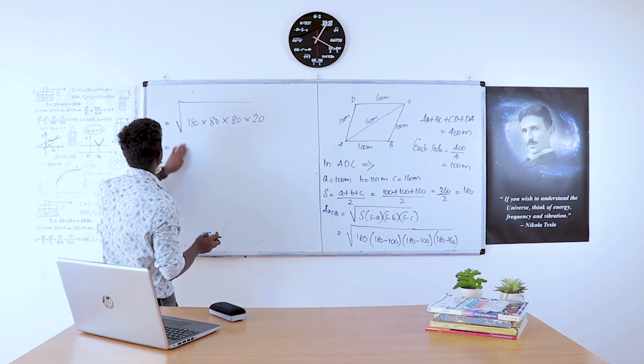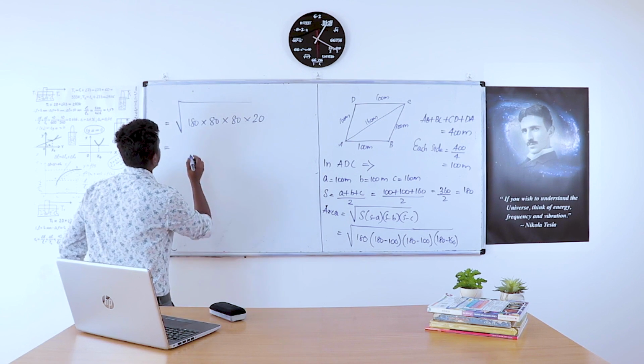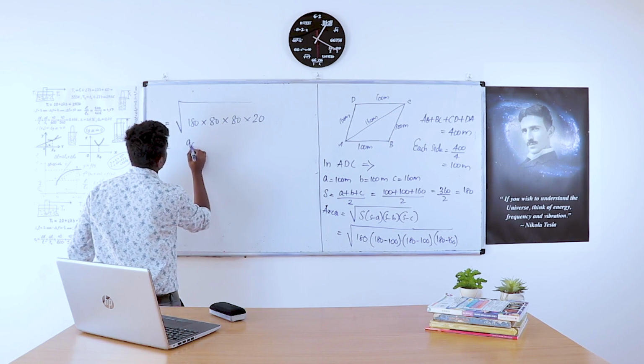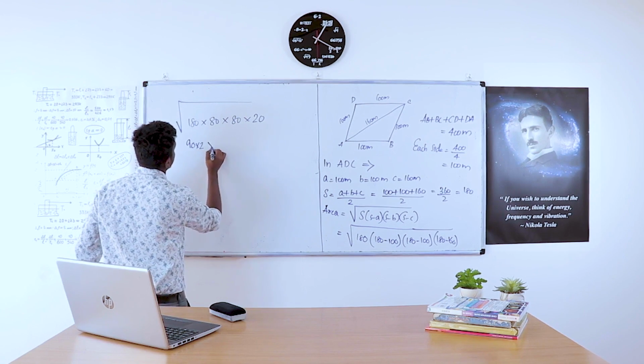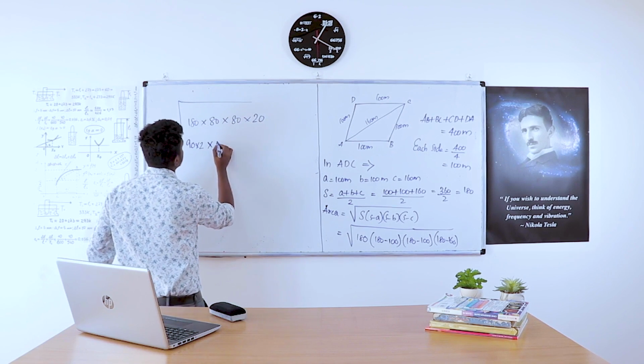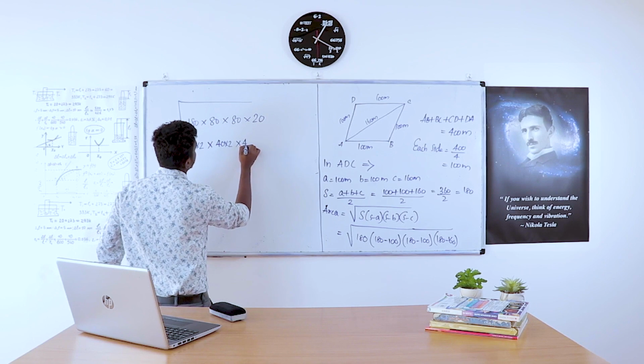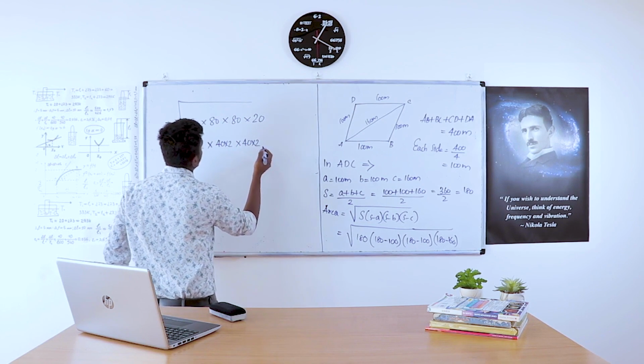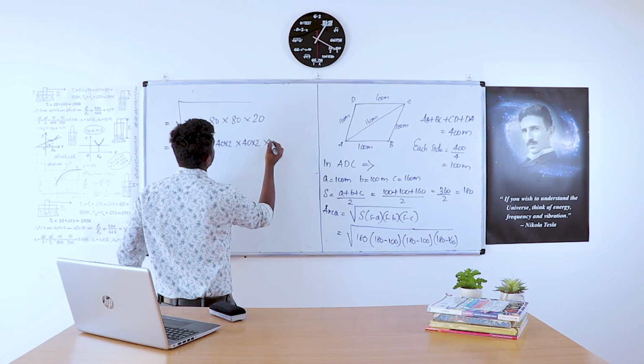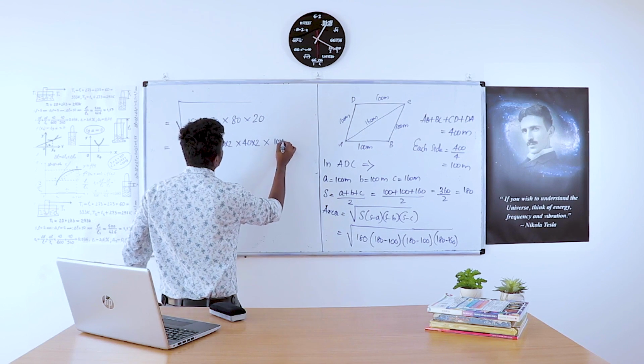So this 180 can be written as 90 into 2, 80 can be written as 40 into 2, again 80 can be written as 40 into 2, 20 can be written as 10 into 2.